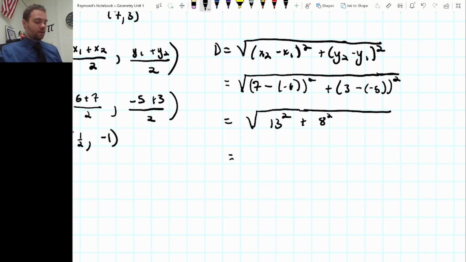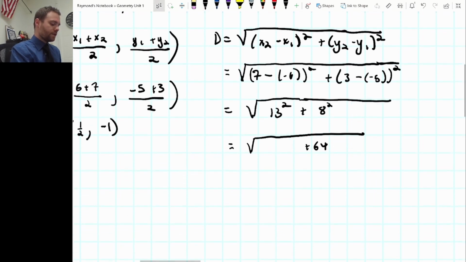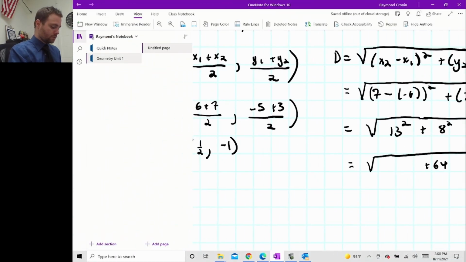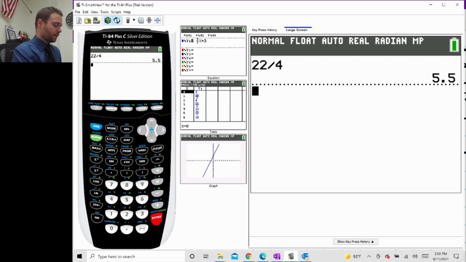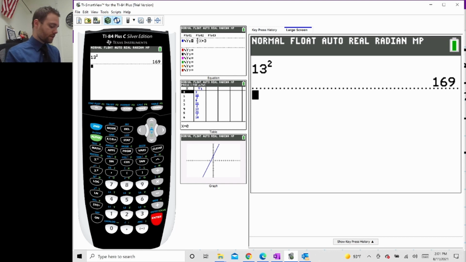And for the rest of that, let's say I don't know what 13 squared is. We know that 8 squared is 64, hopefully, and even if we don't, we can type that into the calculator. I can come over to my calculator. 13 power of 2, enter, 169.